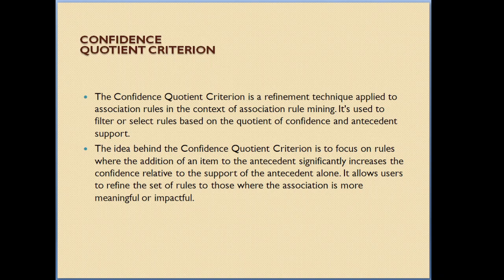The rule focuses on whether adding an item to the antecedent significantly increases the support over the antecedent alone. It allows the user to refine the set of rules to choose those where the association is more meaningful and impactful.